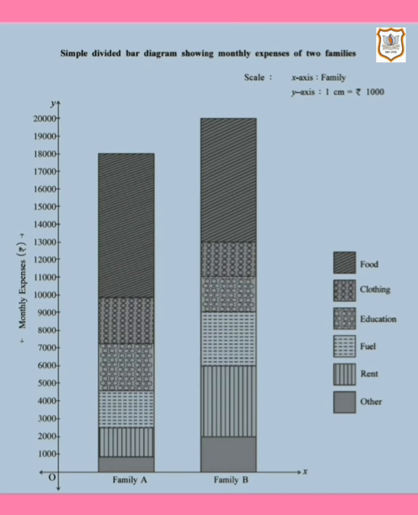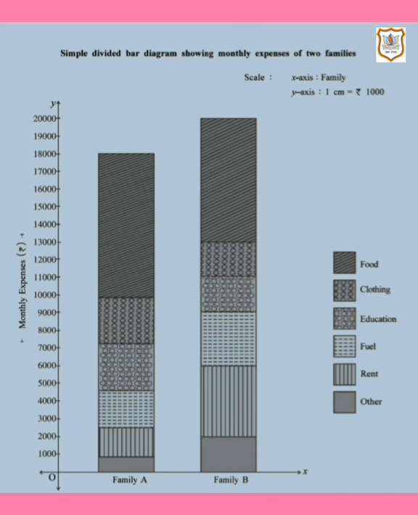So we have taken families on the x-axis and expenses on the y-axis. The y-axis shows 1 centimeter equals 1000 rupees: 1000, 2000, 3000 and so on. Family A's expense was 18,000 in total, so the bar of family A will be marked up to 18,000.